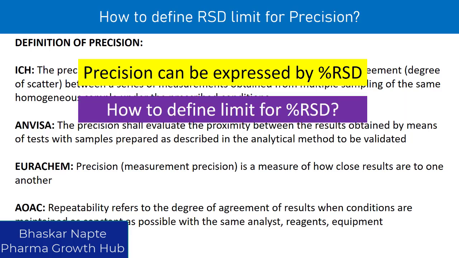But the next important question you must have is, how to define the limit for percent RSD. If I have to say that my method is precise, I must understand first the acceptance criteria for the RSD. But the problem is ICH, NVISA, EURACHEM, EMA, these regulators or guidelines about method validation do not talk about the specific RSD criteria to confirm whether the method is precise or imprecise.